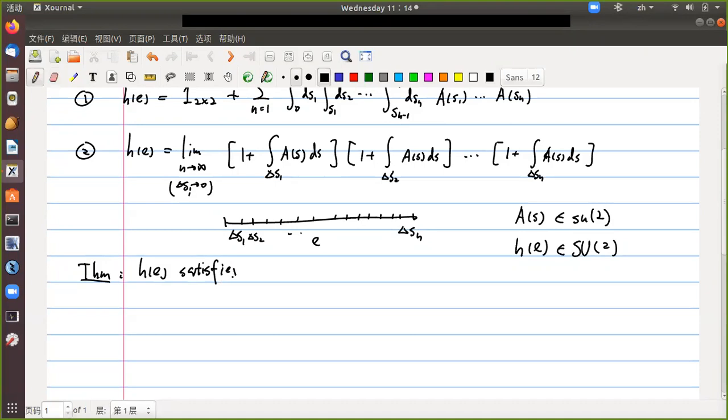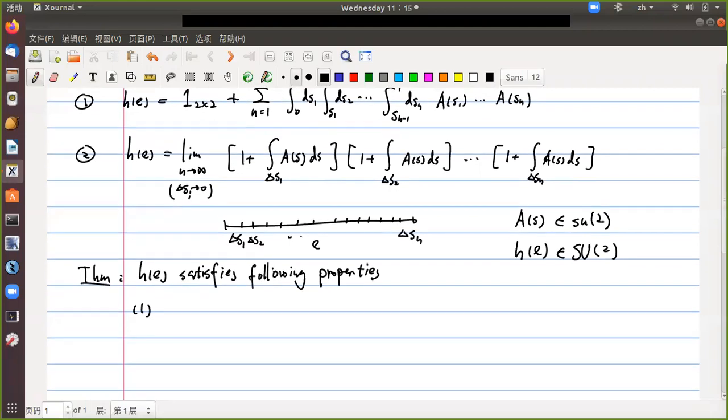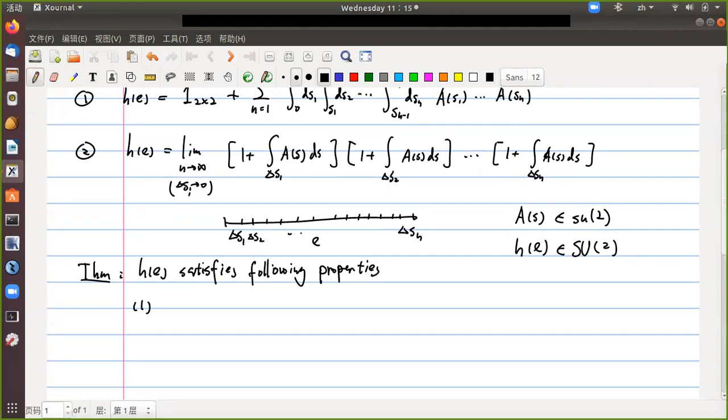Firstly, the holonomy is actually a homomorphism from the space of curves to the gauge group. How do we understand this? Given e_1 and e_2, we connect these two edges. This is e_1 and this is e_2.